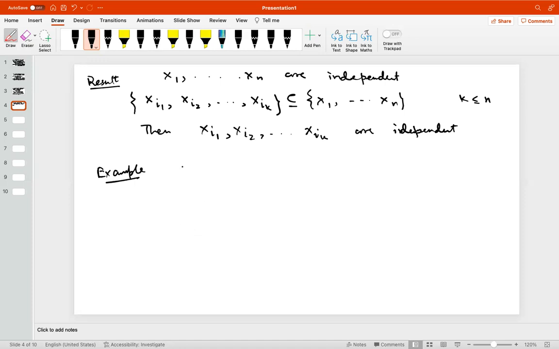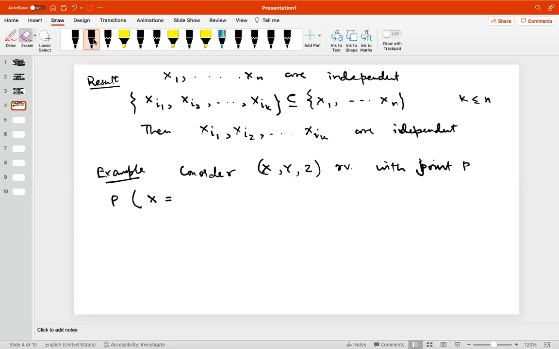So consider this three-dimensional random vector x, y, z, with joint PMF, sorry, a joint PMF, not PDF, given by this.